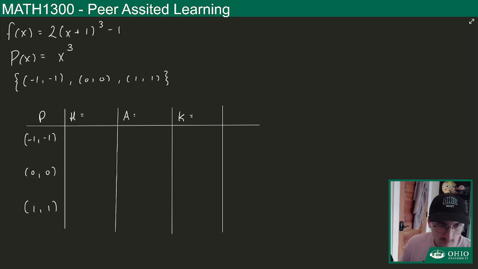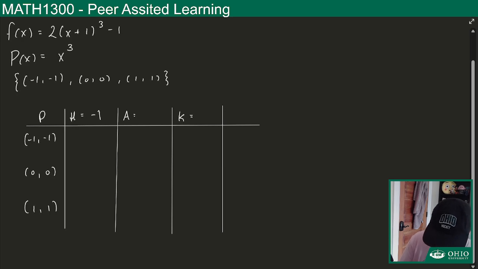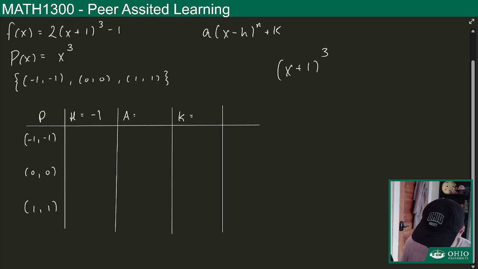Our h value in this case is going to be, and you want to be careful here, -1. This is because in our actual function we have the term (x plus 1) cubed. If you remember the formula, a times (x minus h) to the n plus k, h is subtracted in this instance.